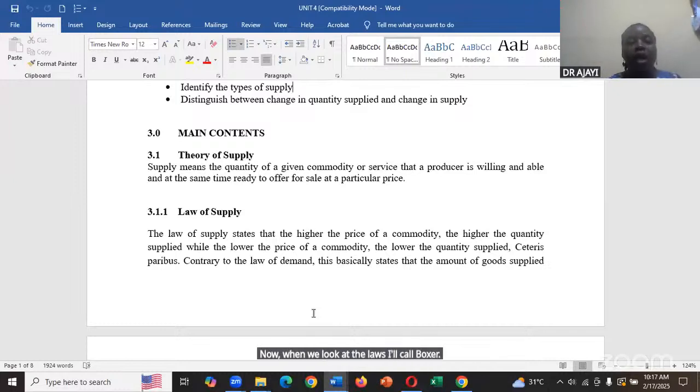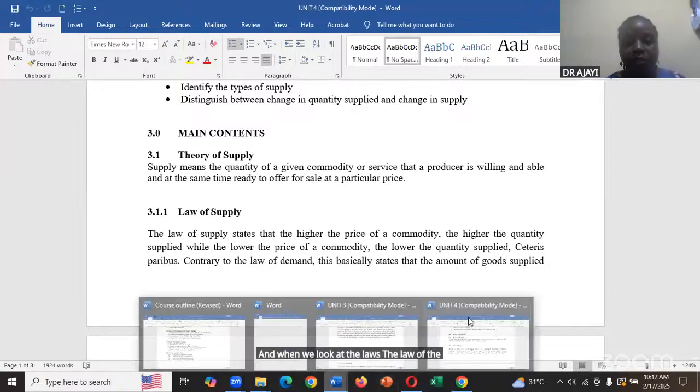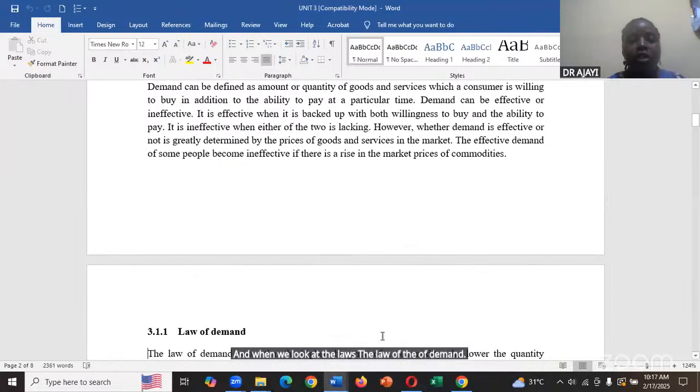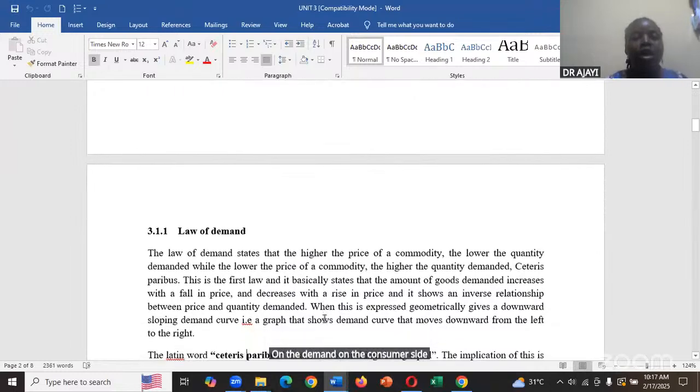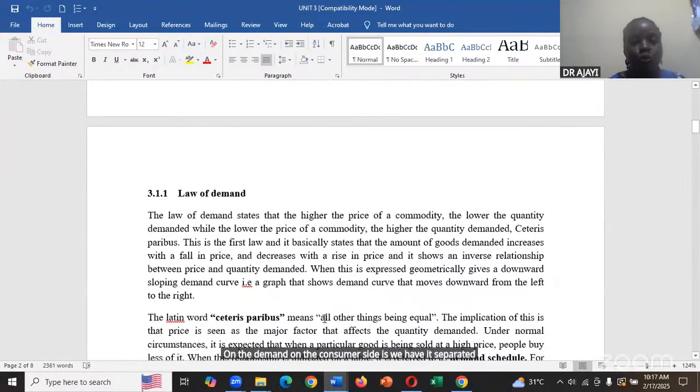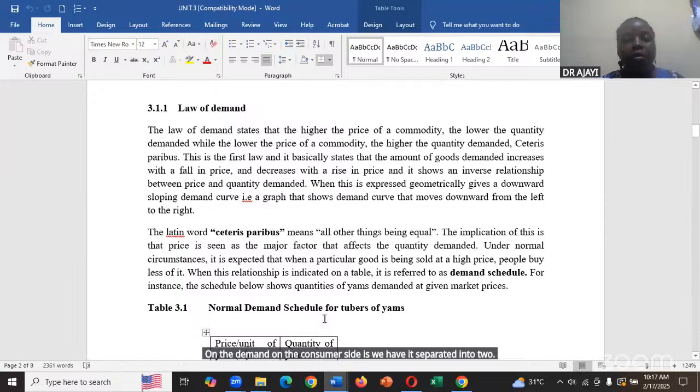And when we look at the laws, the law of demand on the consumer side, we have it separated into two. Why do we have this separation into two? Oftentimes, we'll call it first law and the second law.